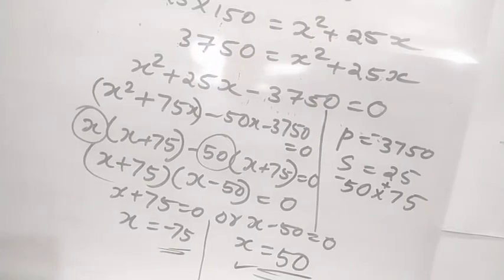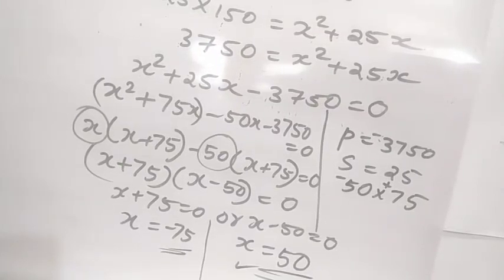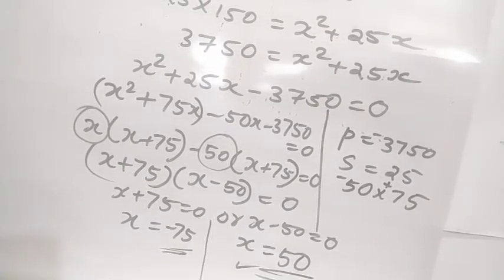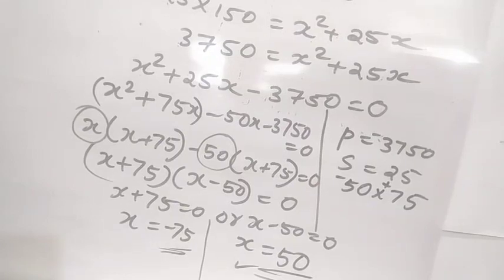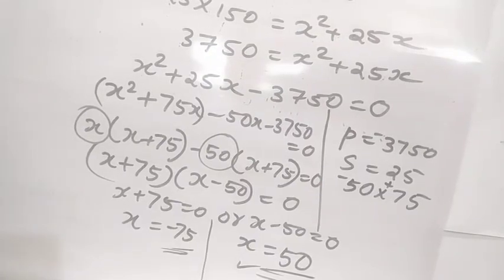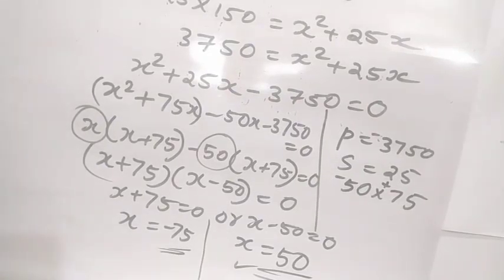Speed we are calculating, no? So we can take the value of x as 50 km per hour. That is the speed of the ordinary train. But in the question it is asked the speed of the express train. So we have to write x plus 25. What is x plus 25? 50 plus 25. That gives 75 km per hour, the speed of the express train.